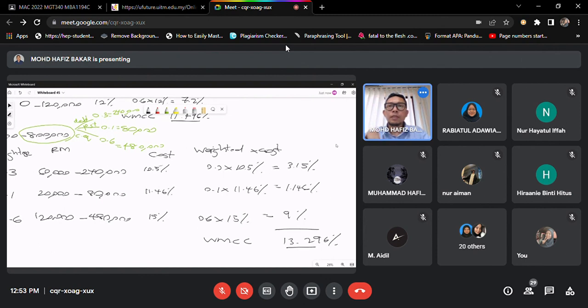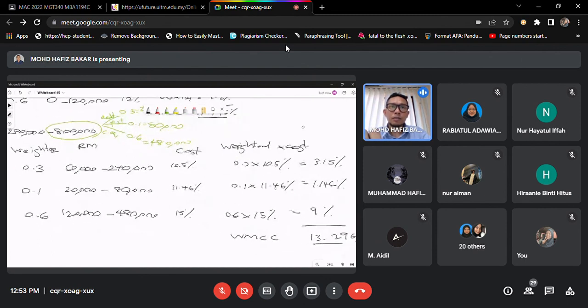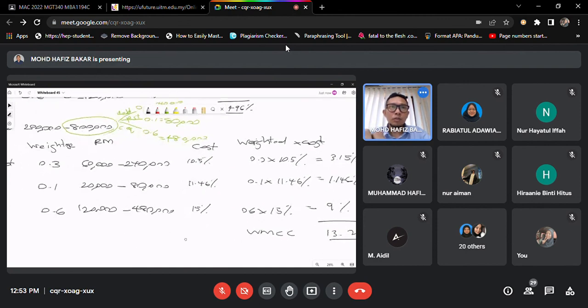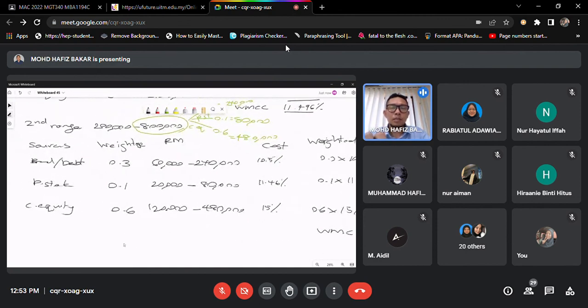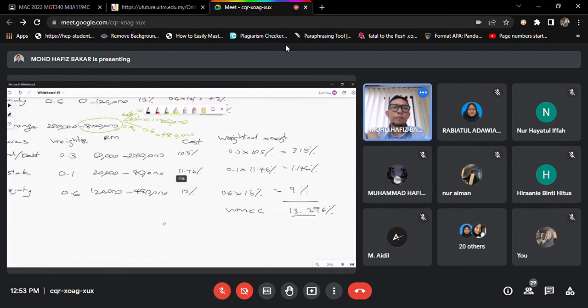Okay, so we end our class at this part, the second range. Tomorrow we will continue with the third range, the fourth range and the next step. Okay, so far do you have any questions up to this part, to calculate the WMCC, step number 6?